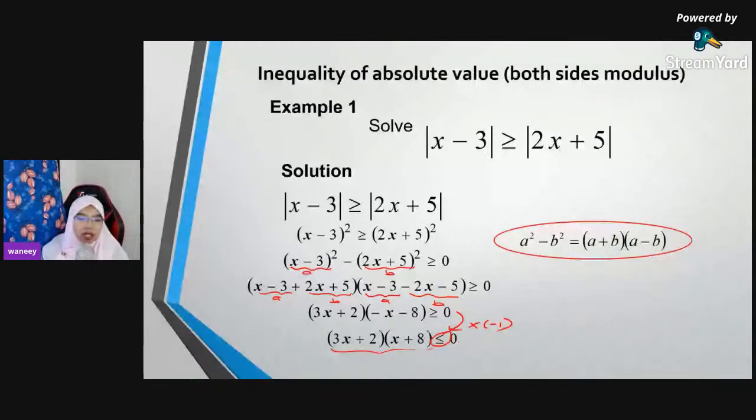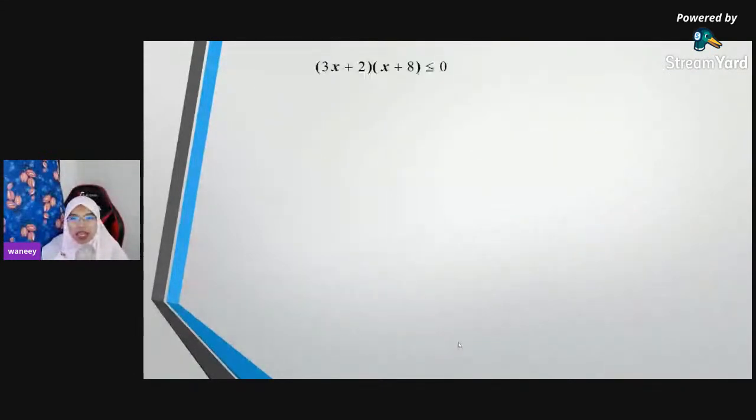Okay, so now I have 3x plus 2, x plus 8 less than or equal to 0. So what you can do is sketch the quadratic graph. We want something to be less than 0, so that means we are looking at the area below the x-axis.